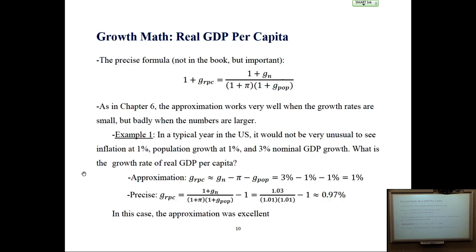So at the very end of the previous class, we started talking about the exact formula for real GDP per capita growth. Unfortunately, your book skips it, but it's important to know. So the exact formula is that 1 plus the growth rate of real GDP per capita is 1 plus the growth rate of nominal, divided by 1 plus inflation times 1 plus GPOP.